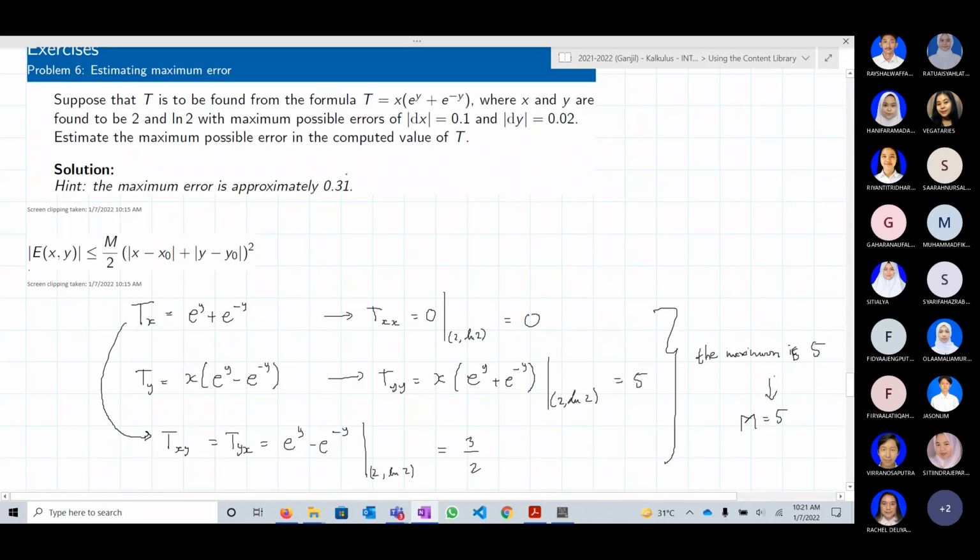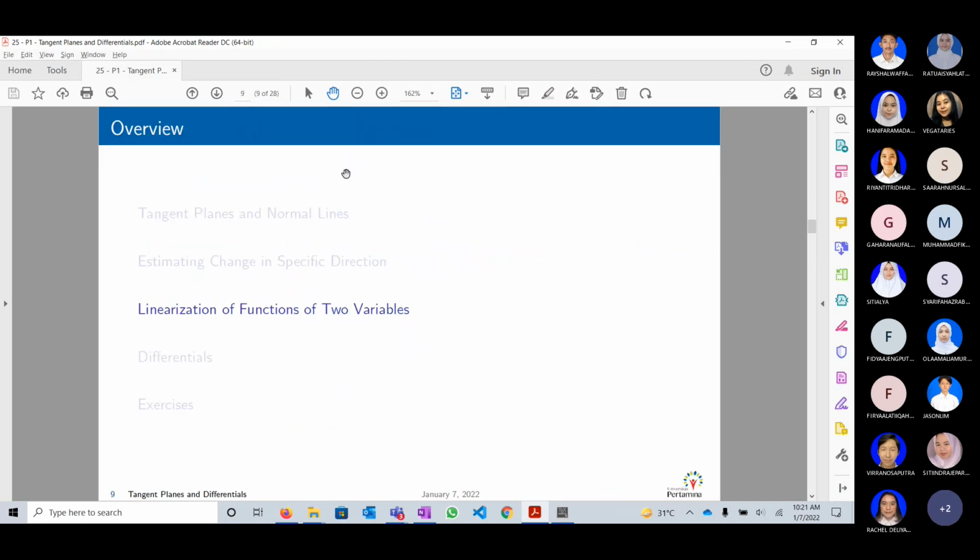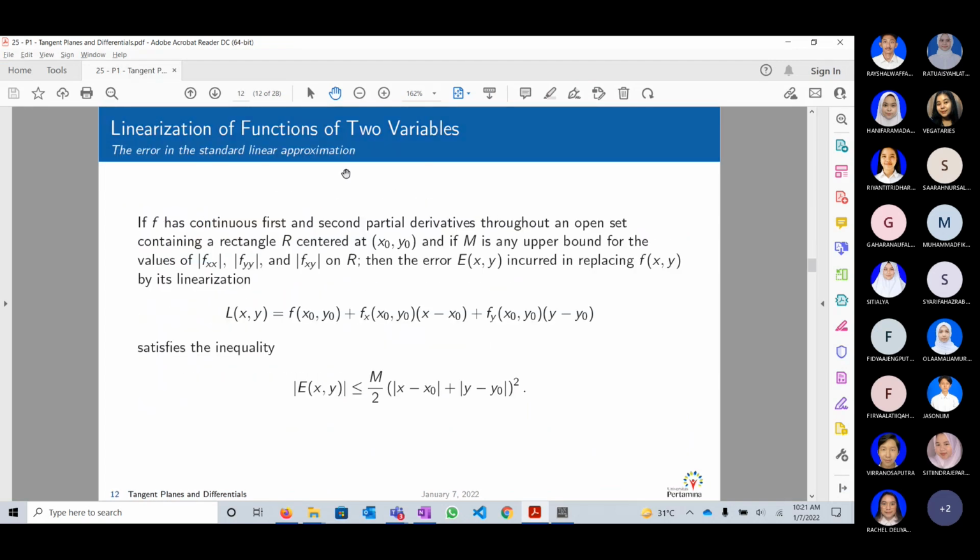Oh, maybe we need to use the other equation. Differentials.